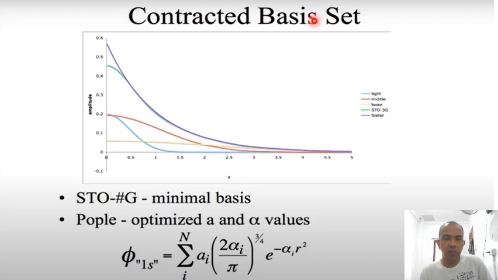Now, we have to remember that as we increase this number n, we get more and more of these functions that are going to appear in every single integral. So I'm going to have a whole bunch of integrals over primitives, and I'm going to compute the integrals, and I might want to keep that down.